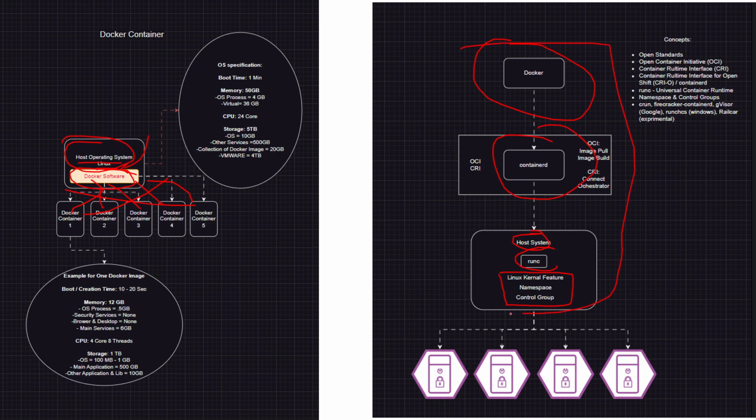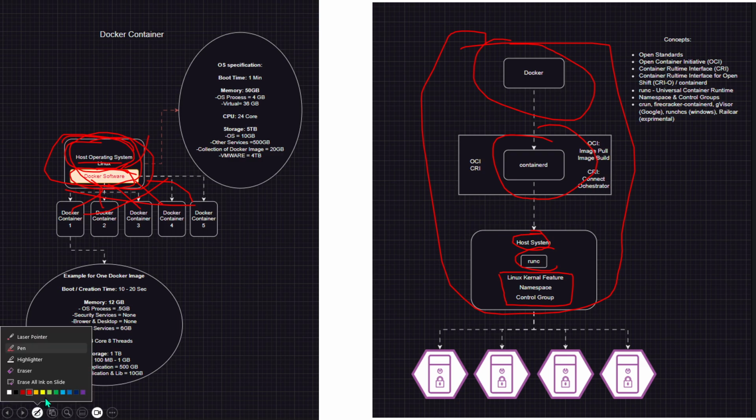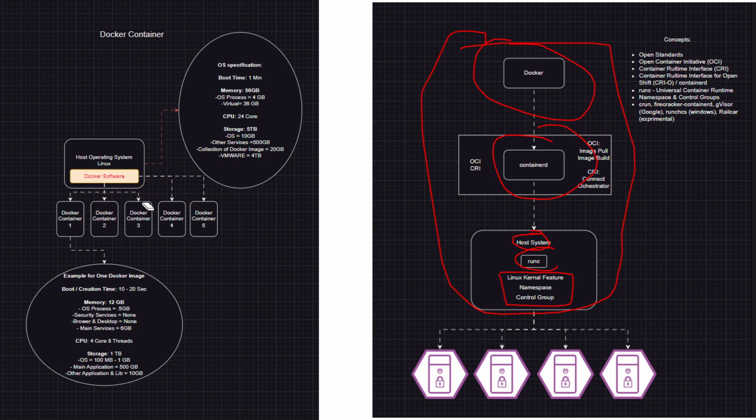It is all hosted together on a single host operating system. That is this one. The Docker container software is running on the same system where containerd is installed and on the same system where runC is installed. So please do not get confused by that term. That's something I wanted to tell you to begin with.